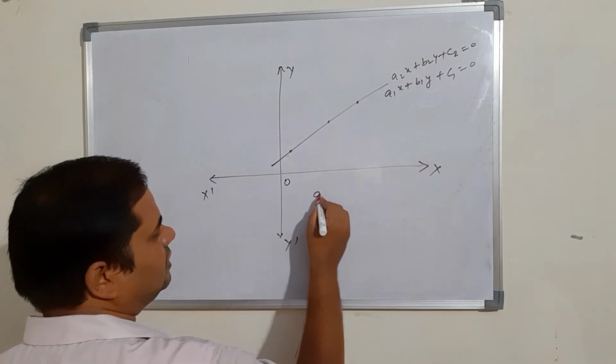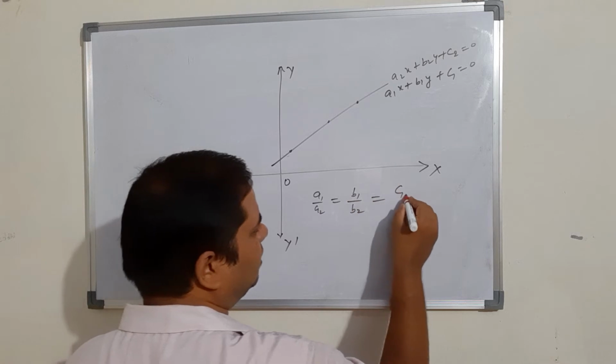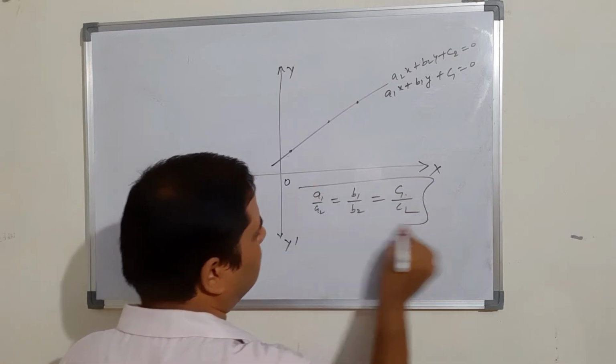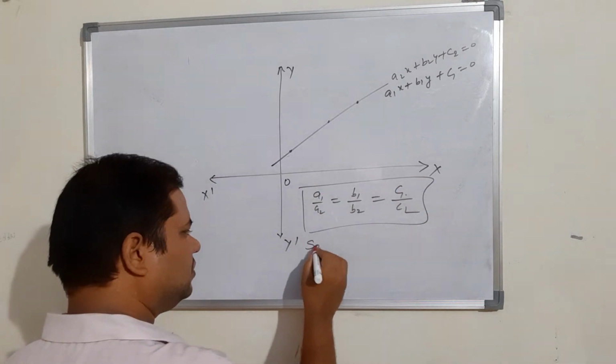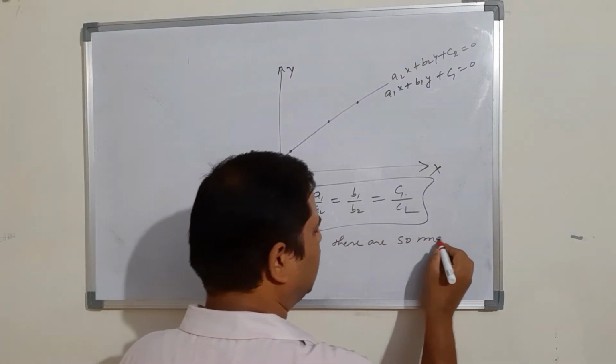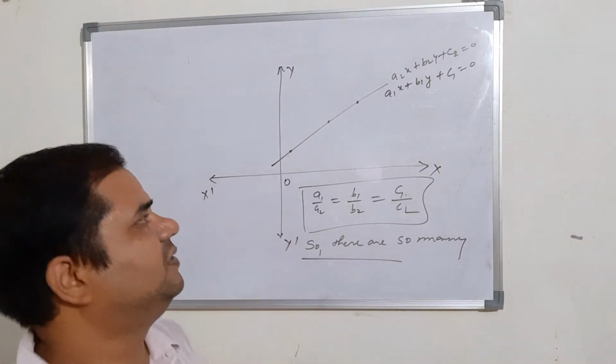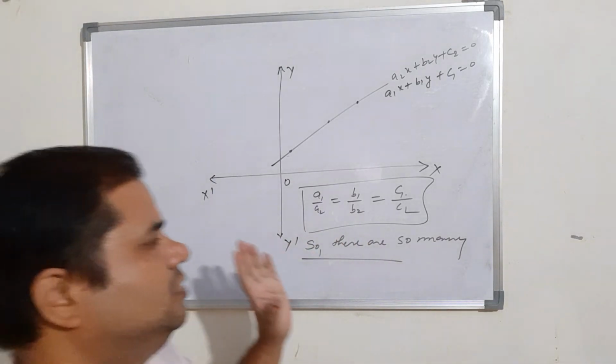In this case a1 upon a2 is equal to b1 upon b2 is equal to c1 upon c2. So there are so many solutions. That means in this situation the pair of linear equation have many solutions.